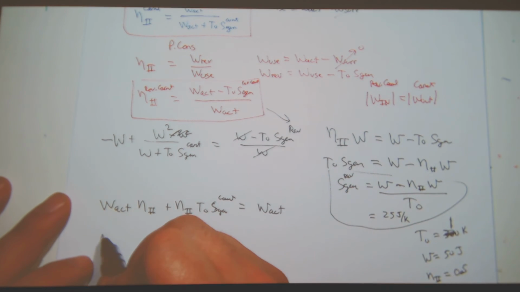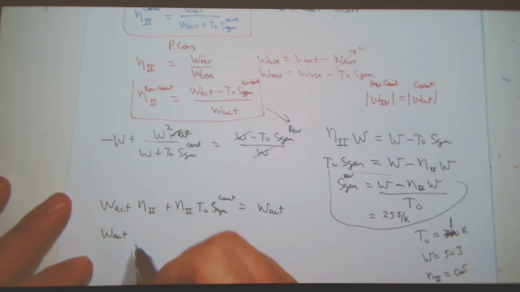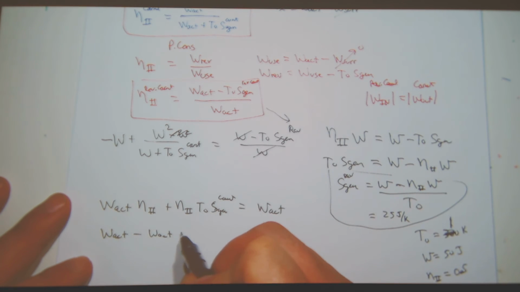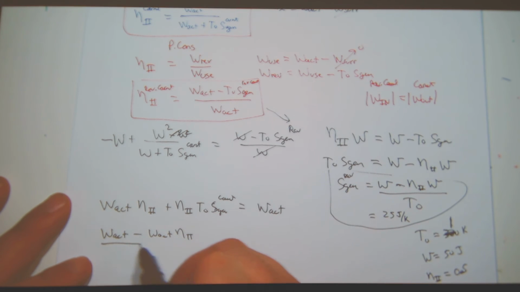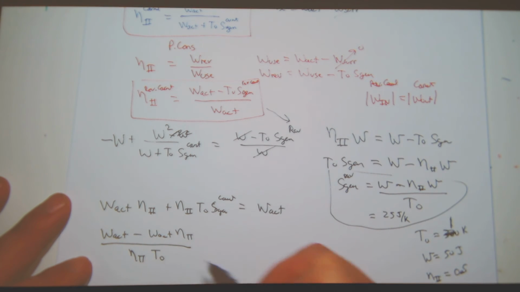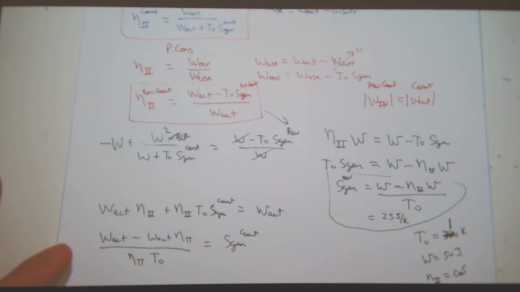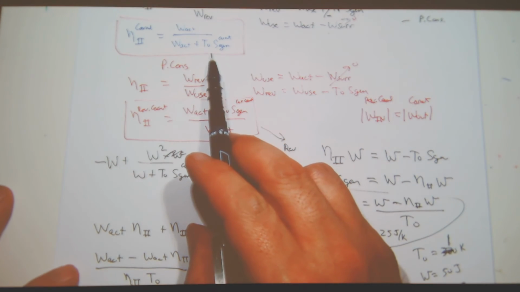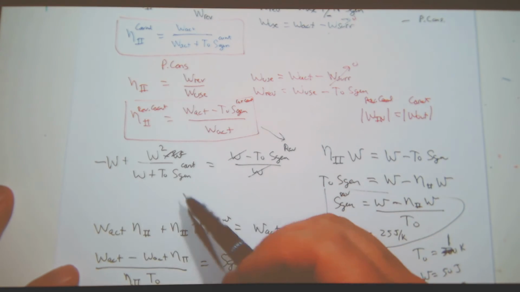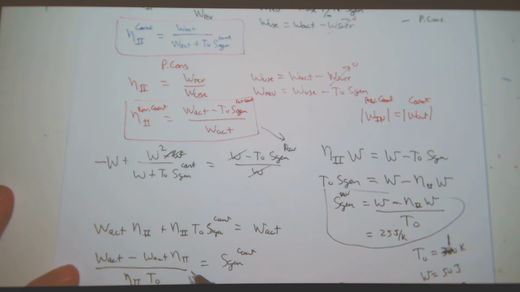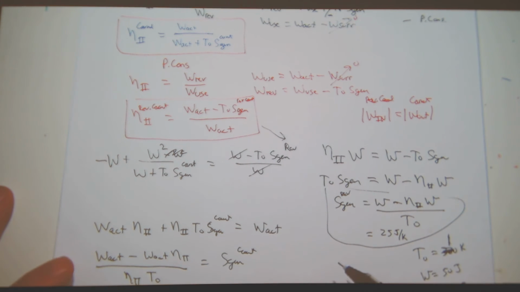So then I can say the work actual minus the work actual times the second law of efficiency divided by the second law of efficiency divided by T naught is equal to S gen Carnot. Did I do that algebra right? Yeah, so I did all that right.